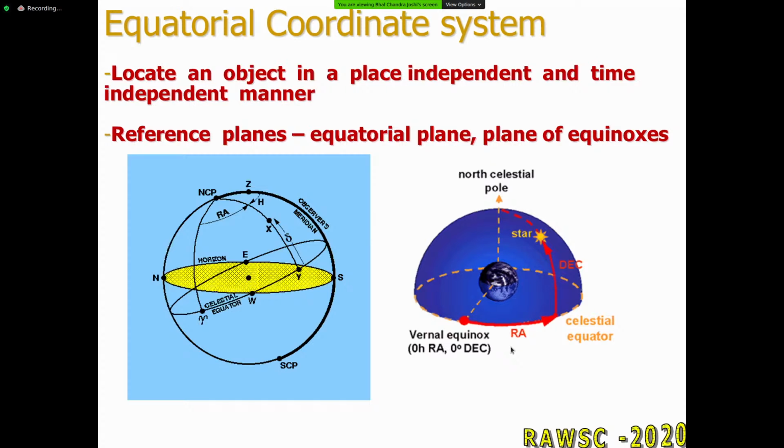Isn't it right? No. See, when we started, I said that coordinate systems are defined by a reference plane. So if you want to define your right ascension and declination, you have to first define the planes with respect to which you are going to measure them. So which are the planes?